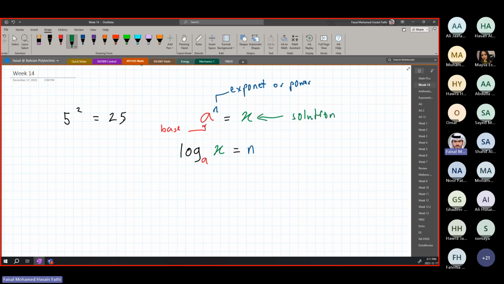Simply, that's what all of log is. The entire concept of log is that it's basically a different way of solving exponential equations.